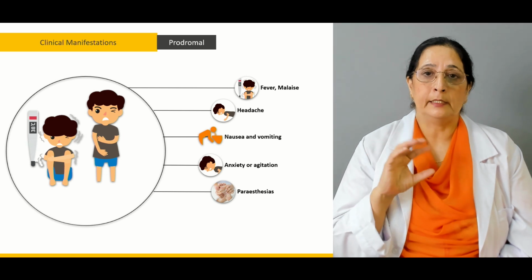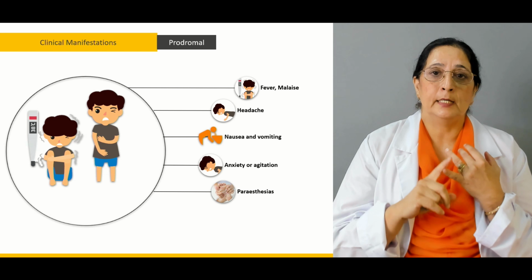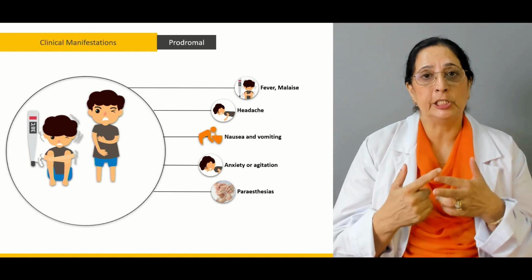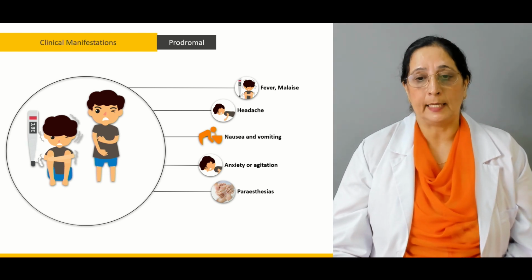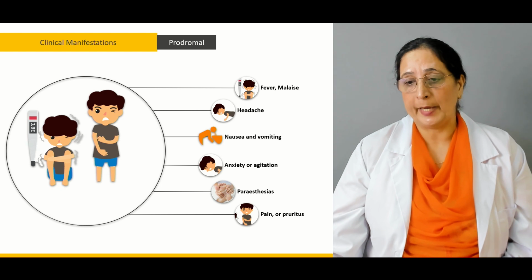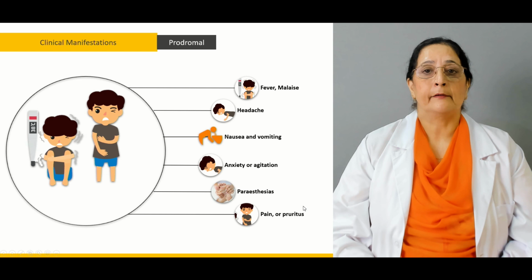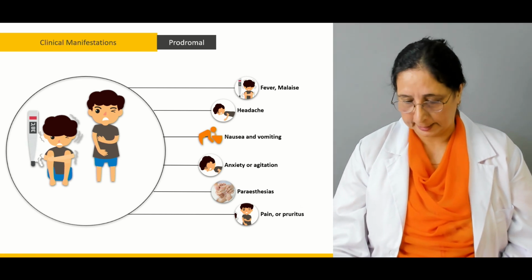So all these are the characteristics of the prodromal stage. There is nausea, vomiting, anxiety, agitation, headache, paresthesias, fever, malaise, and then there is pain or pruritus. So all these are the characteristics or presentation of the prodromal stage.